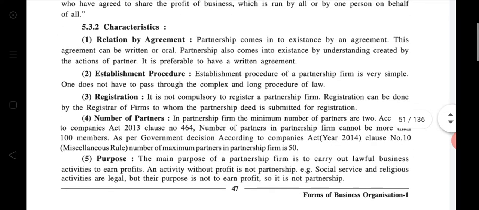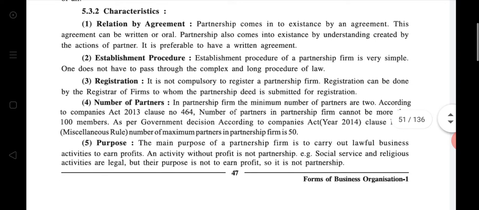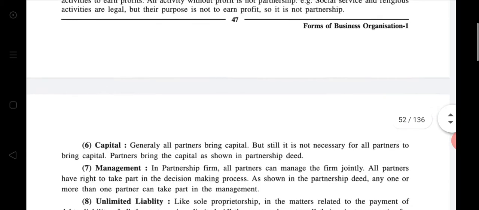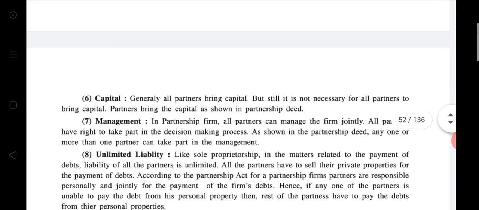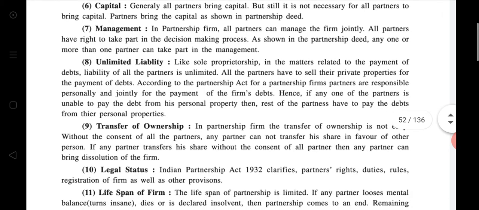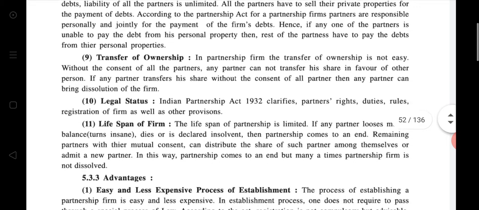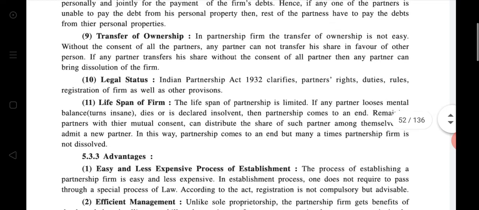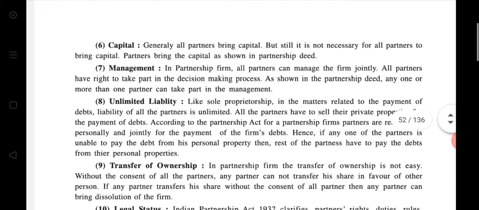Characteristics of a partnership firm: relation by agreement, establishment procedure, registration, number of partners, purpose, capital, management, unlimited liability, transfer of ownership, legal status, and lifespan of the firm.